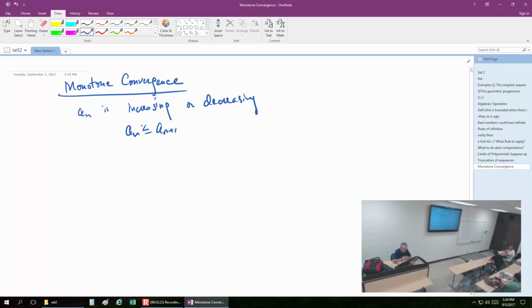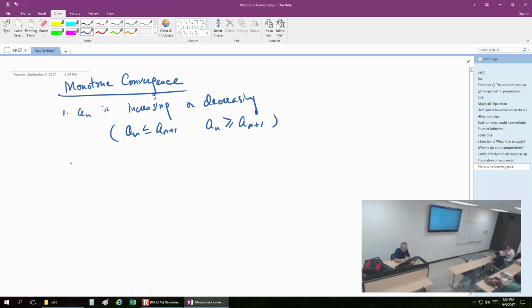That's increasing, right? So we progress higher and higher. Or decreasing: An larger than or equal to An plus 1, so we're going down. Most of the sequences, as you have seen, are neither. Sometimes they behave wildly, such as sine n. So that's the first condition.